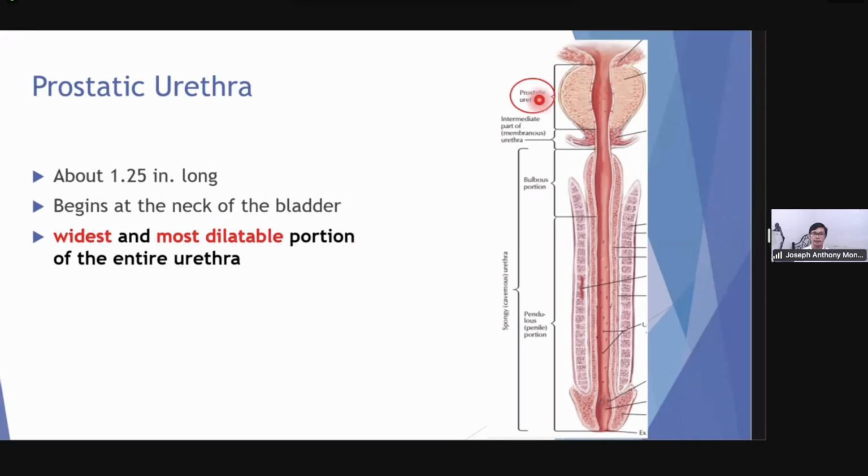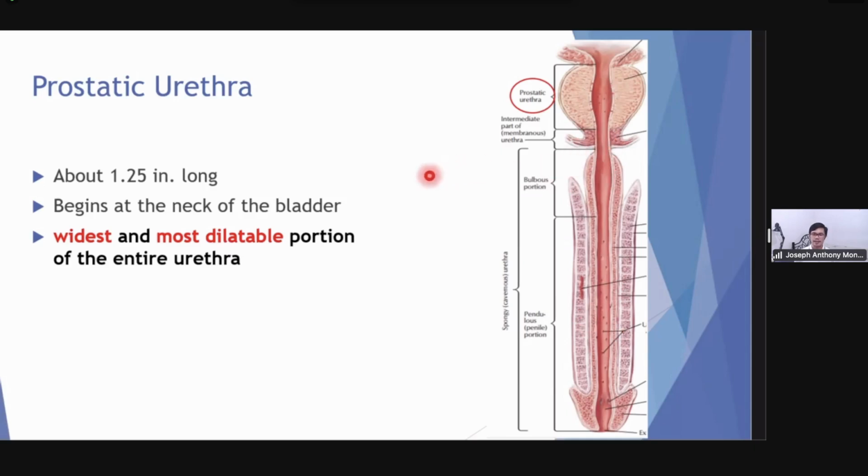So for the parts of the urethra, you have your prostatic, you have the membranous, the bulbous, as well as the pendulous portion. So during the examination, if I ask the specific part of the urethra that is considered to be the widest as well as the most dilatable portion, your answer would be the prostatic urethra, not the pendulous, not the bulbous, and definitely not the membranous part of the urethra.